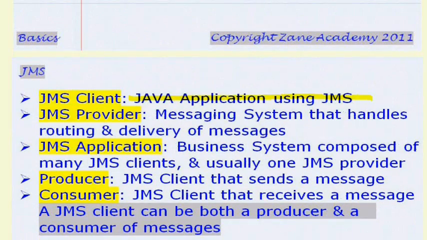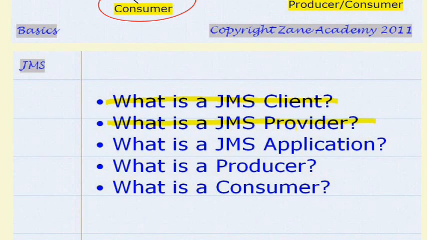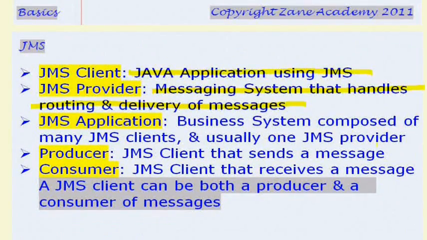A JMS provider is a messaging system that handles routing and delivery of messages. And what is a JMS application? A JMS application is a business system that is composed of many JMS clients and usually one JMS provider.